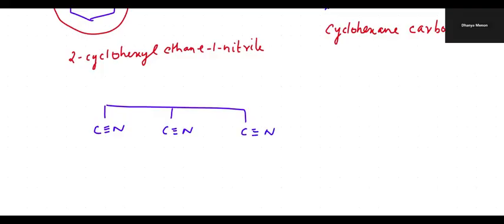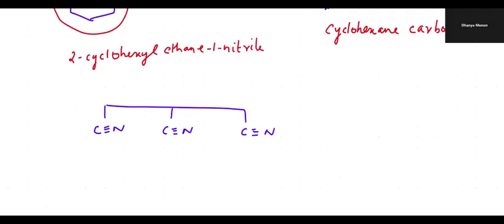And if I number it from here 1, 2, 3, 4, 5, however I try to number, definitely I will miss out one of them. So this is the symmetric case. This was also discussed before. In this kind of symmetric case, when all the functional groups are the same and they contain a carbon atom, we must not miss out any of the carbons.